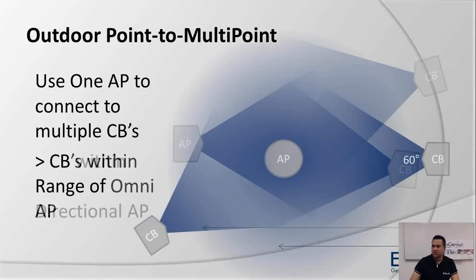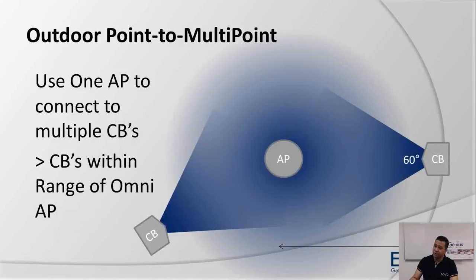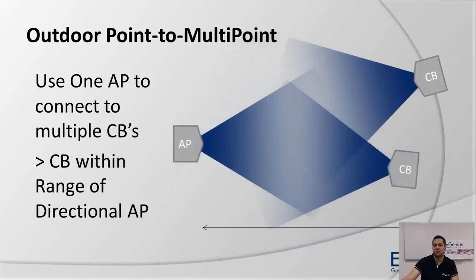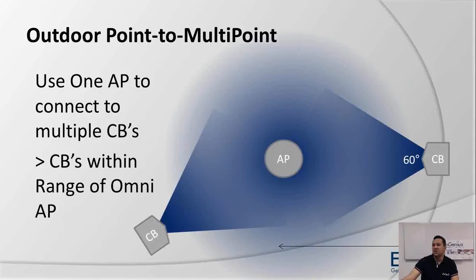I also have a picture of a point-to-multipoint with an omnidirectional. The reach of this deployment compared to the previous one is that the distance is shorter, but of course the angle is much wider. In this case, it's 360 degrees.